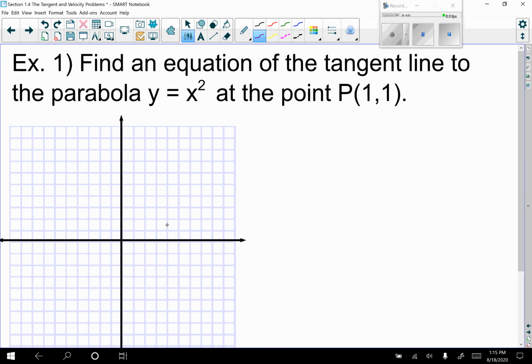All right, so I'm actually going to draw this a little bit larger. I'm going to count every 2 squares as 1.